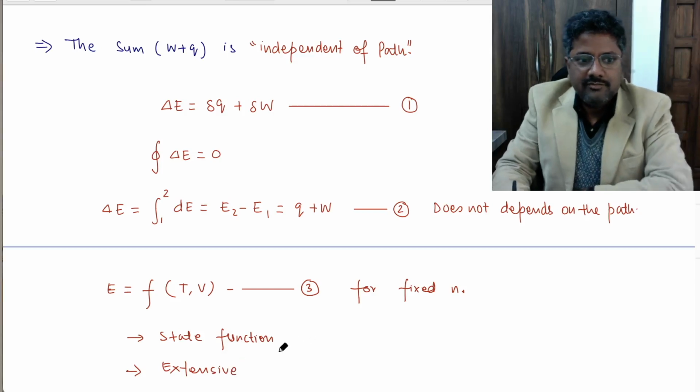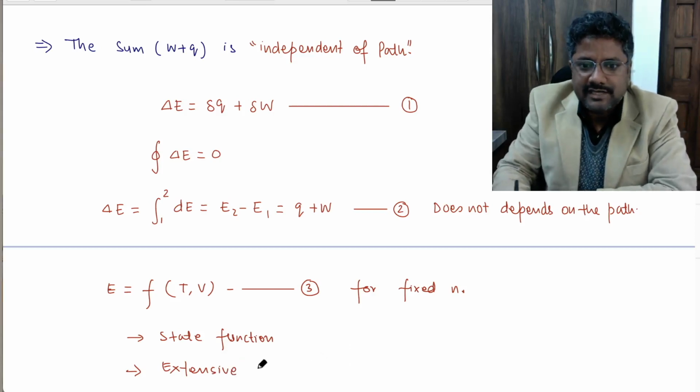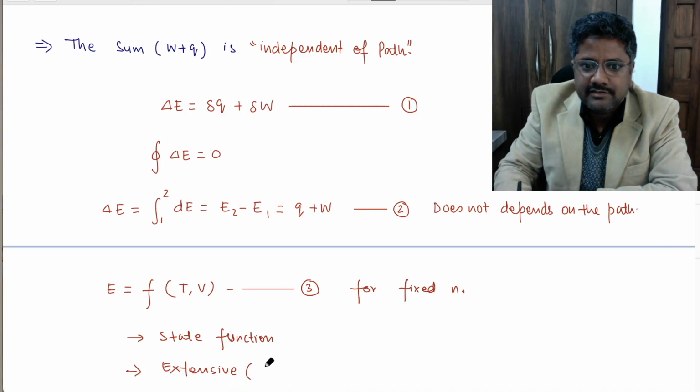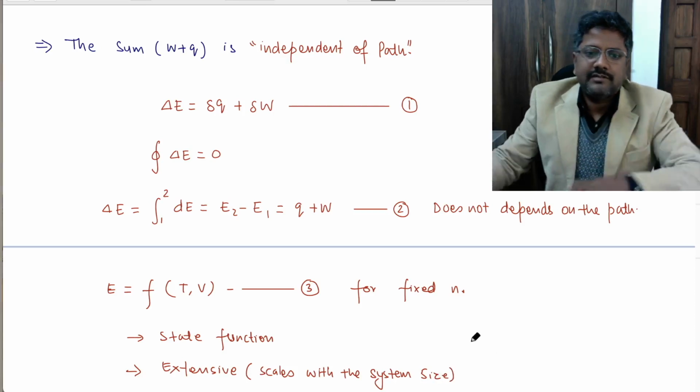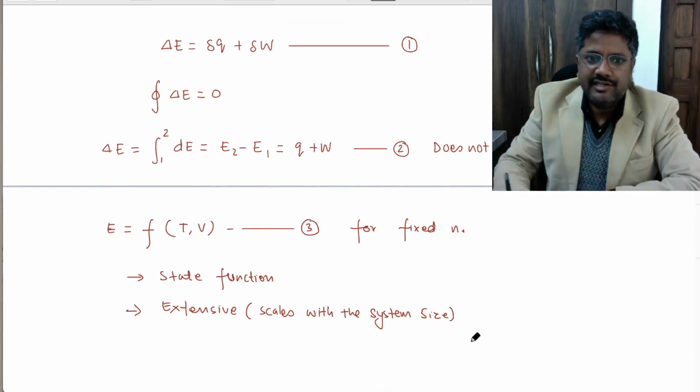Extensive means it scales with the system size. System size means if you subdivide the system, this will change.